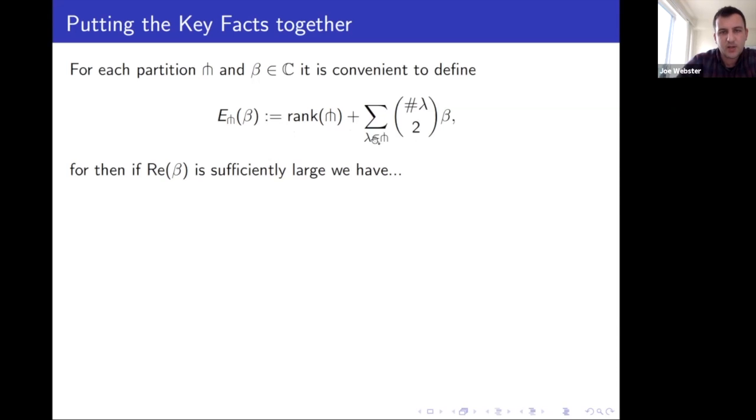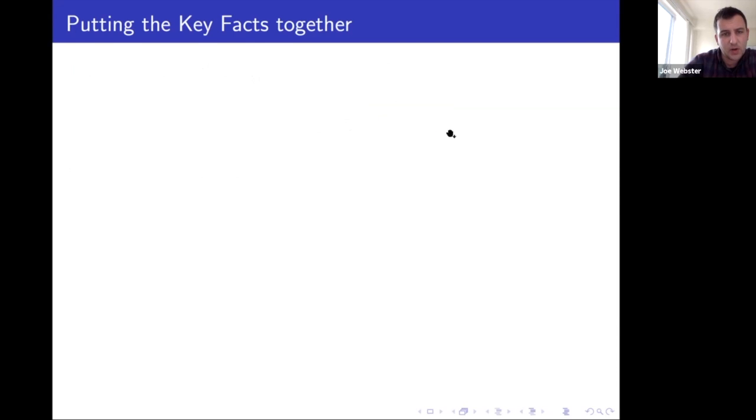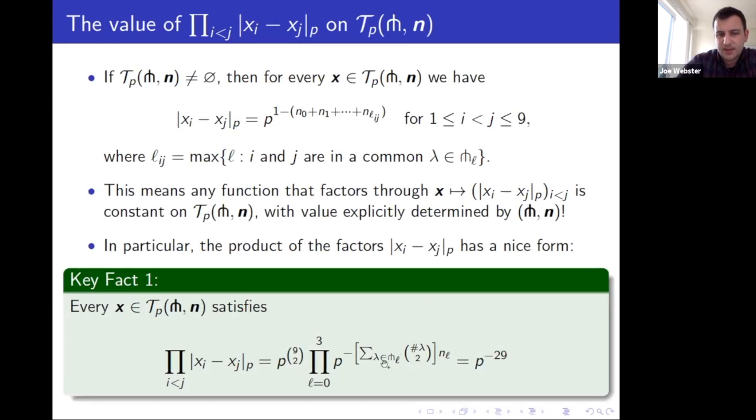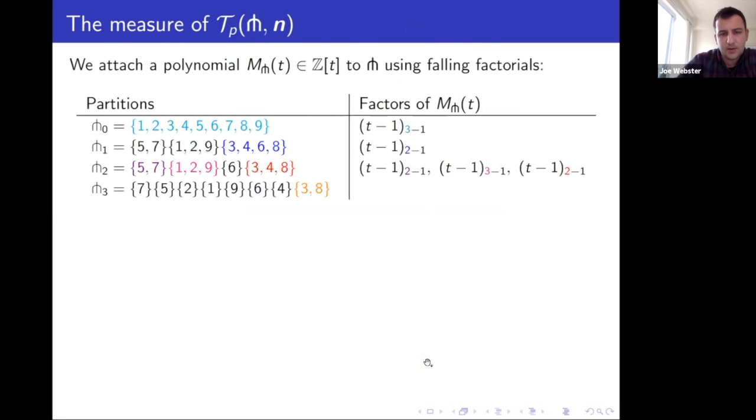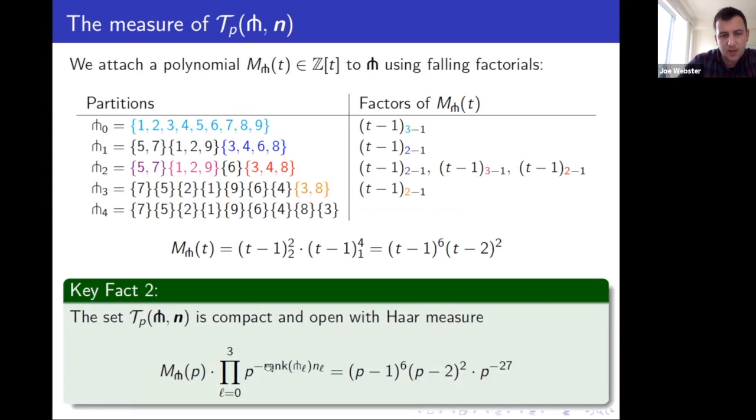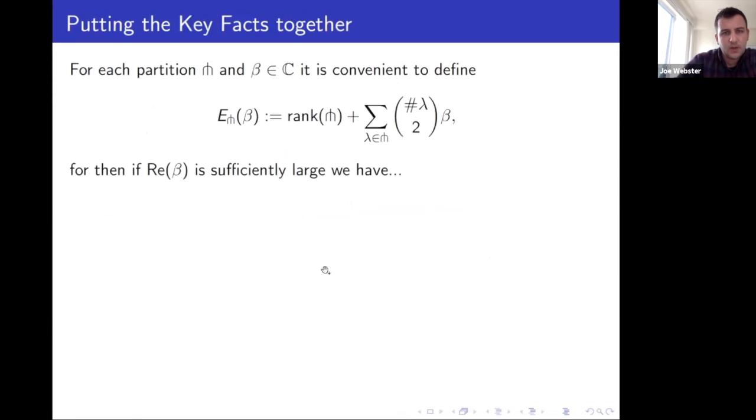And just to remind you where these things are coming from, I'm going to run back just a second. This sum of size of parts choose 2 is coming from the integrand, and the ranks are coming from the measure. So we get this from the measure, we get this from the integrand. We will see this exponent appear in a nice place.